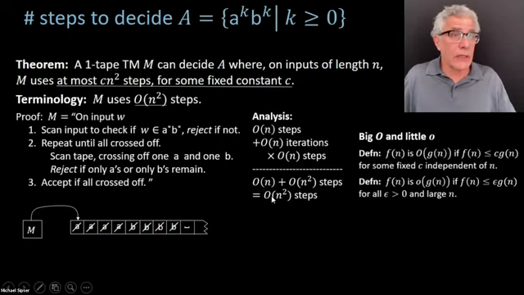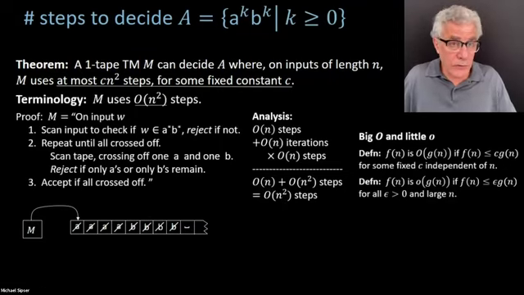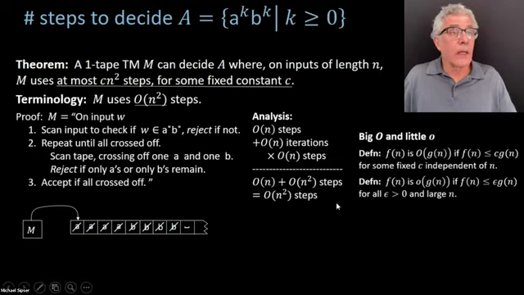And so the sum of these two is order n squared steps due to the nature of arithmetic when you have the big O notation. The dominant term overrides all of the others. So that's, in a nutshell, our very first example of analyzing the Turing machine algorithm for a language.